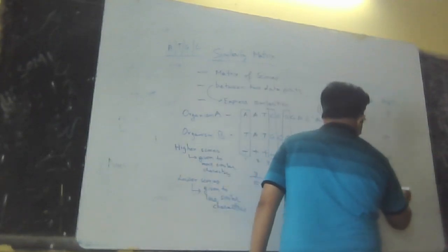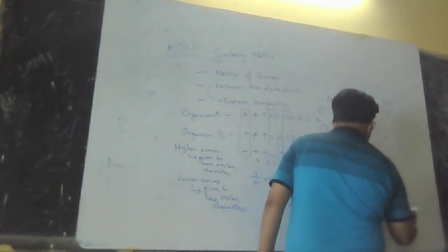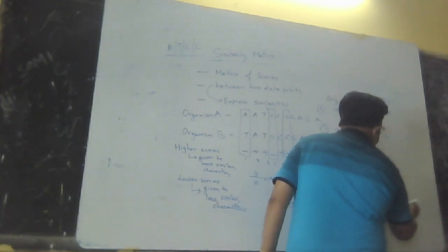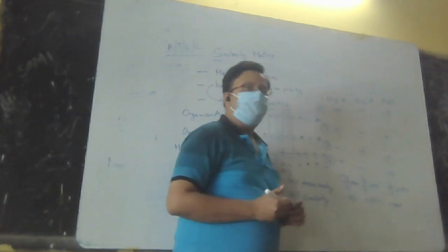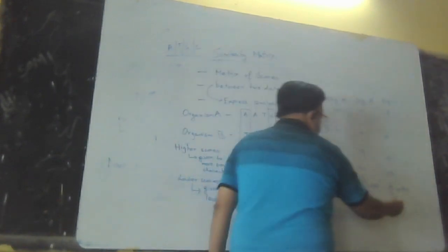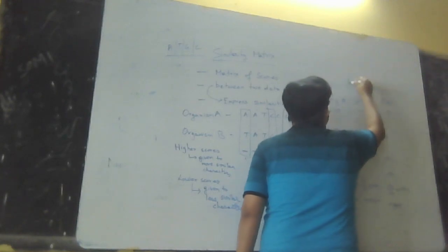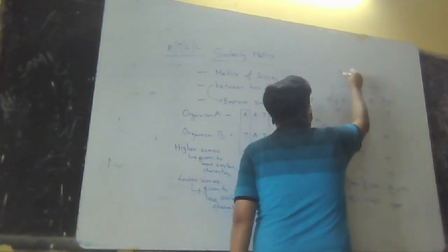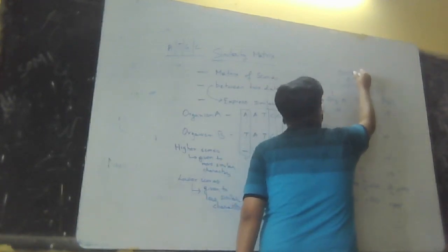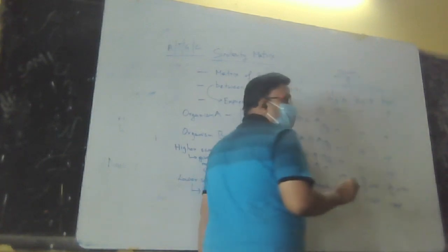Here, you have 4 out of 4. This is 100%. So you can say that organism A and organism C are similar, since you give it a higher score.